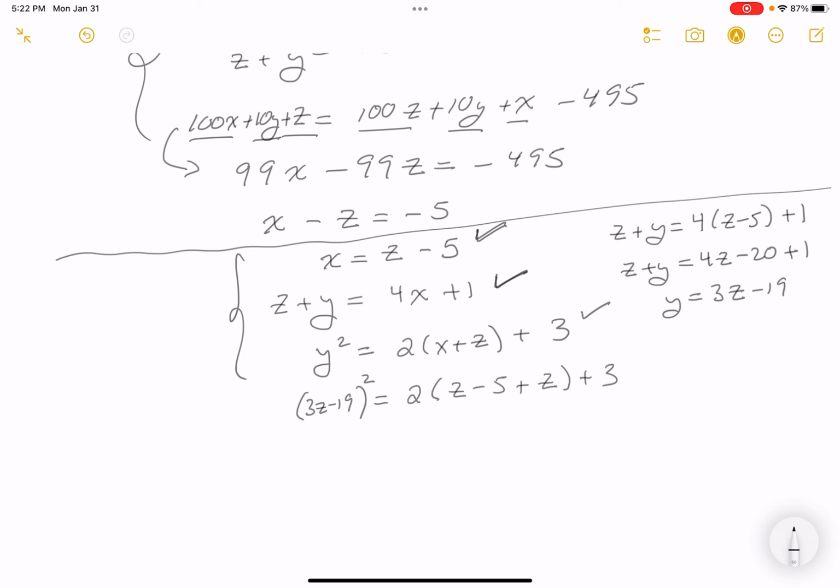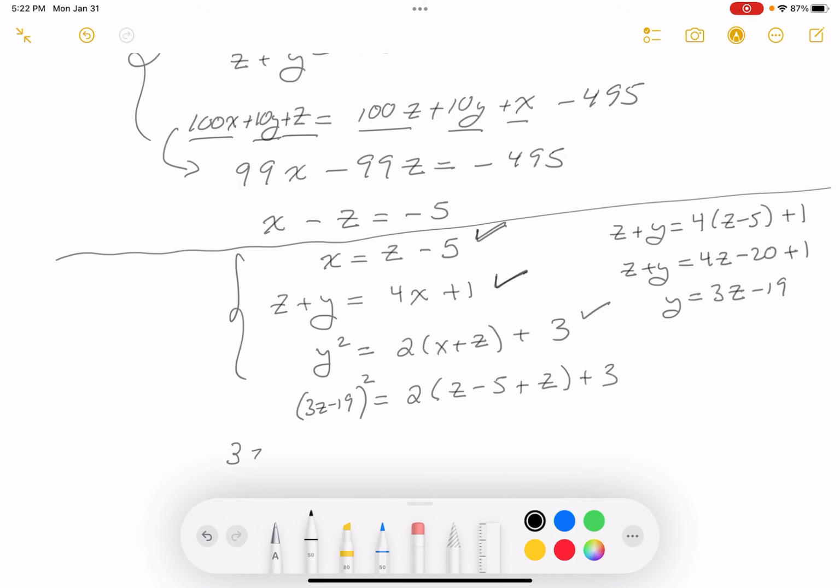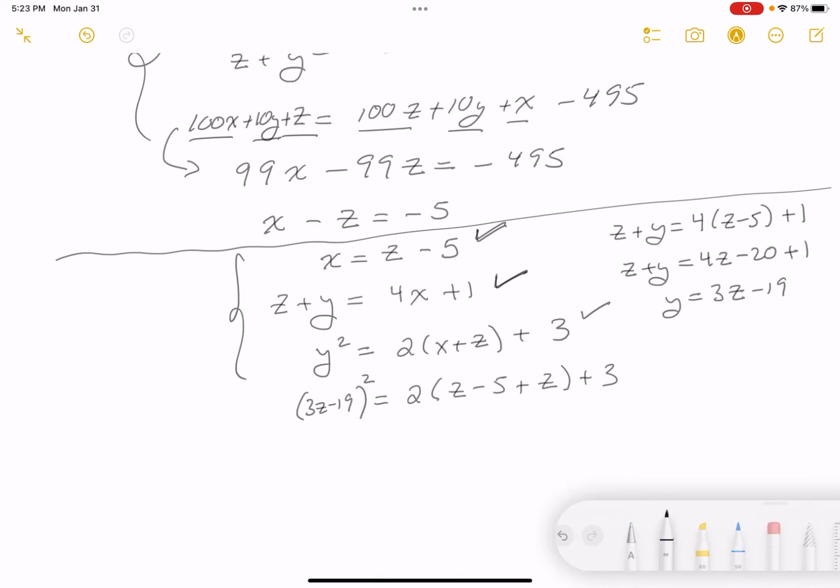All right, it looks like trouble, but you know what? I still want to go forward. And going forward sometimes is very difficult to do, but I'm going to square the left side, and that would be 3. Whoops, not 3. I was just totally daydreaming. It's going to be 9z squared minus, let's see, 3 times 19 is 57, but I got 2 of those.